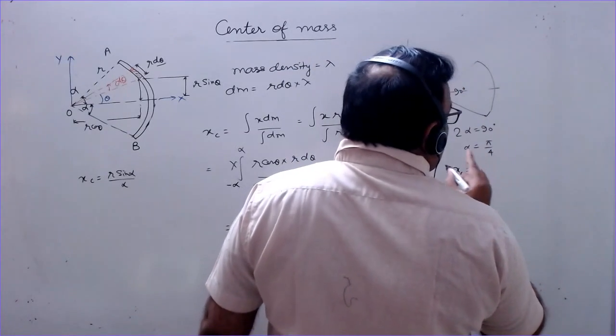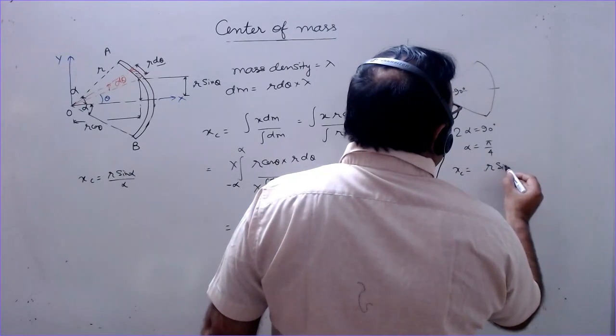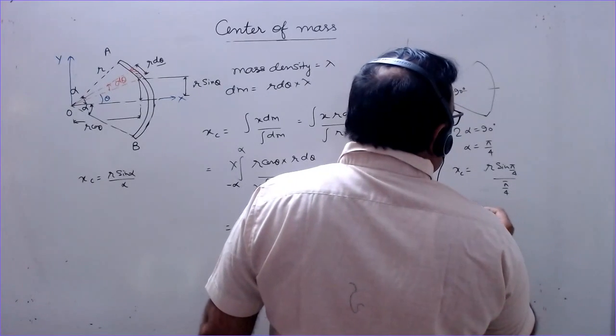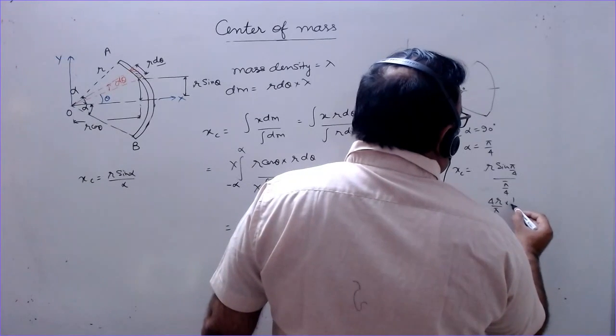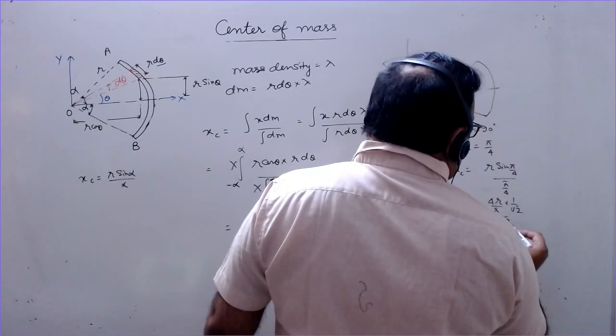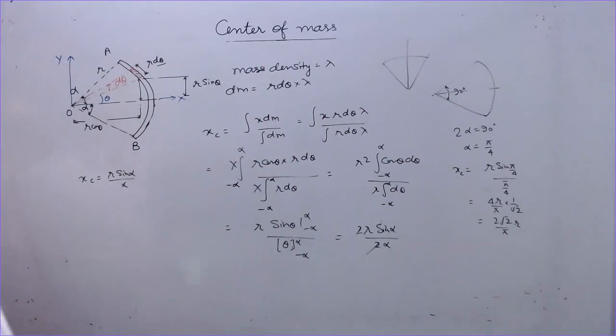So xc is r sin pi by 4 divided by pi by 4. So this is 4r divided by pi into 1 by root 2. So 2 root 2 by pi r. So this is how you can find the coordinate of center of mass of such a wire. Y coordinate will be 0.